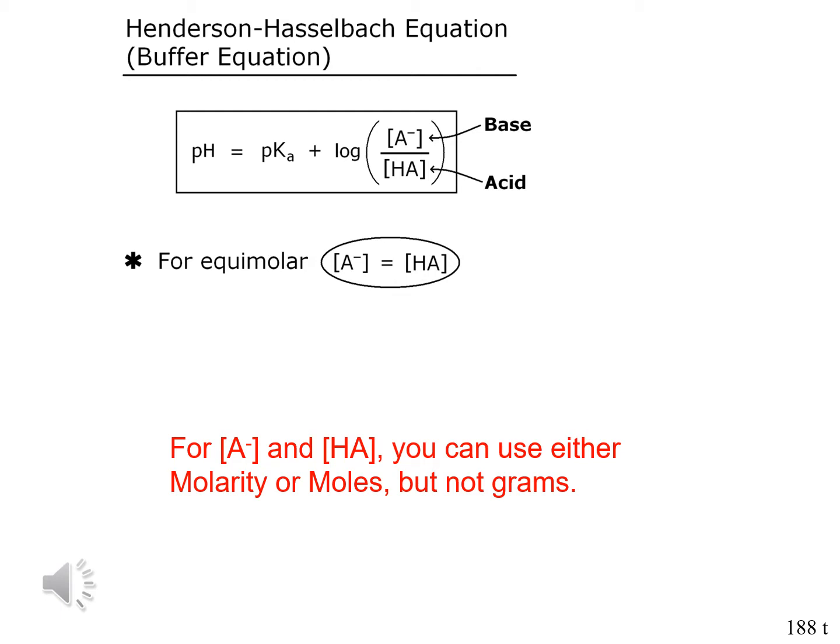Now what I want to show is that under three different possibilities, the equation works. The first one, I want to show that the equation gives you the right answer if the concentration of A minus equals the concentration of HA. That's equimolar.